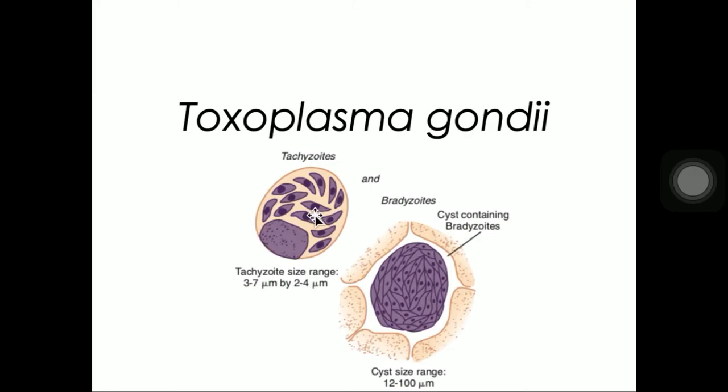So, tachyzoites po dito yung actively dividing form. And the most at risk here are pregnant patients because the tachyzoites can cross the blood-brain barrier, and it can result to fetal death as well as, kung hindi man fetal death, it can also result to mental retardation in newborn or blindness in later life.